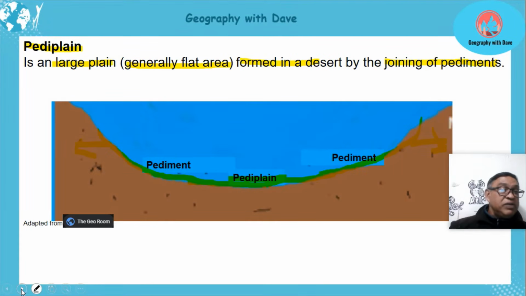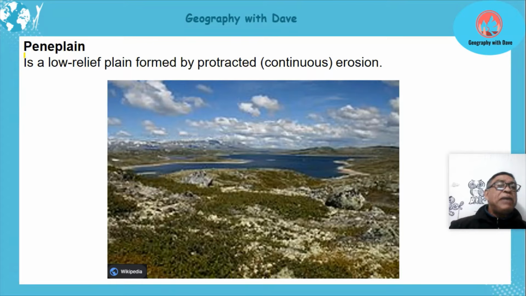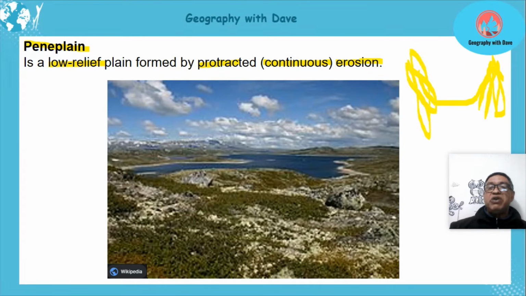Okay, let's go on. Now, a peneplain. Can you see the difference? This is a low relief found in a very low area formed by protracted, that means continuous, erosion. So what's happening? There we may have an area, but more and more erosion is happening, continuous erosion of those areas.